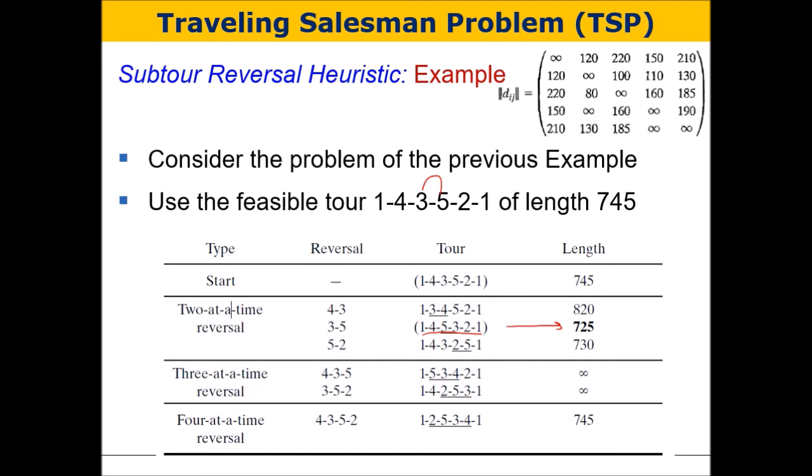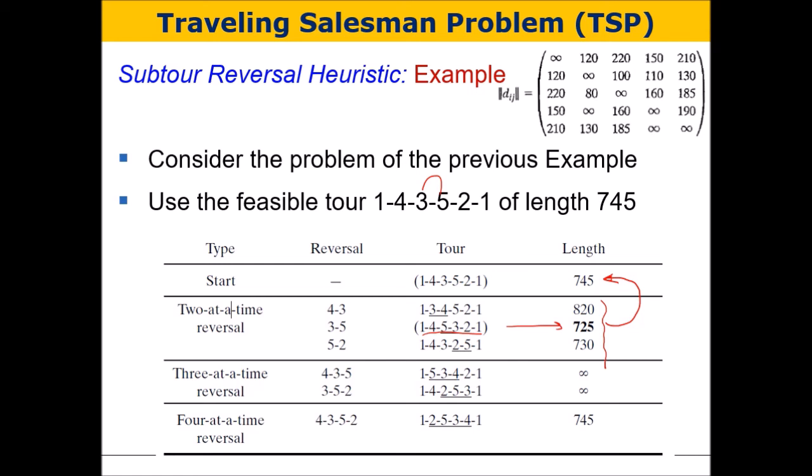We need to identify each such new solution by applying all possible changes, and then we calculate their objective function values. And when we do all of them, we will compare the best one with the initial one, and we will select which one will be our solution.